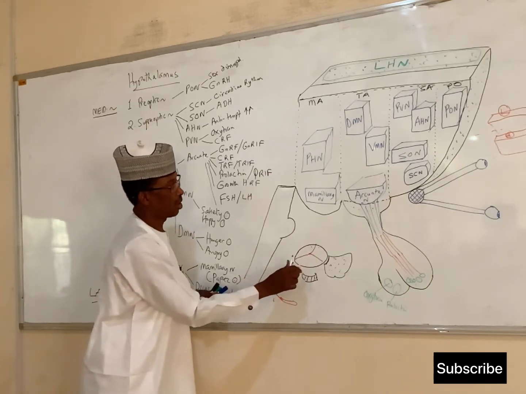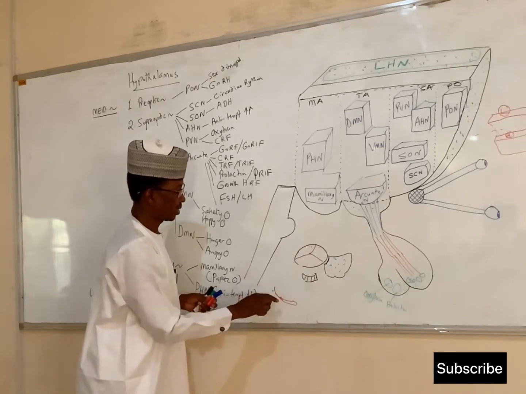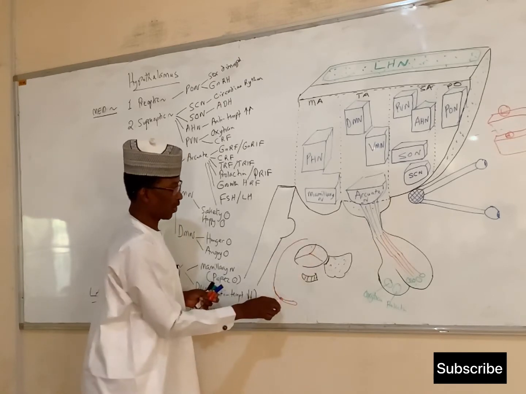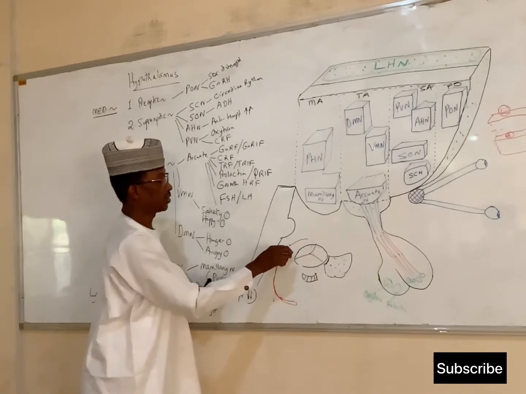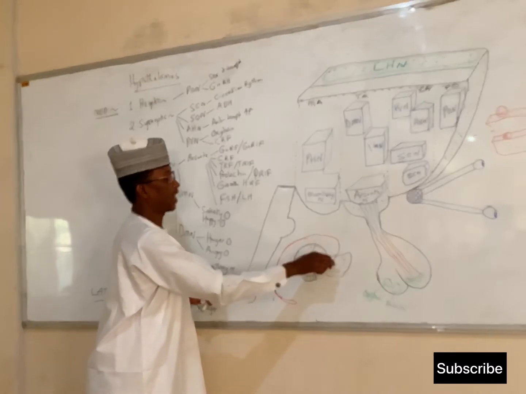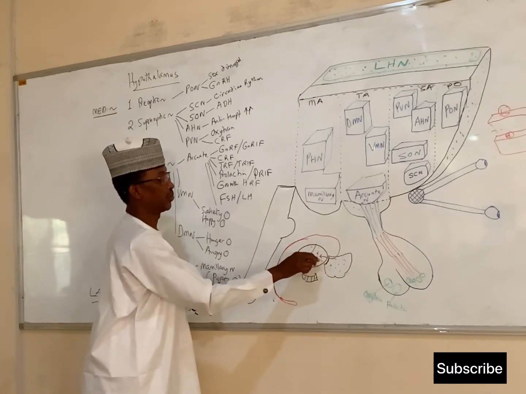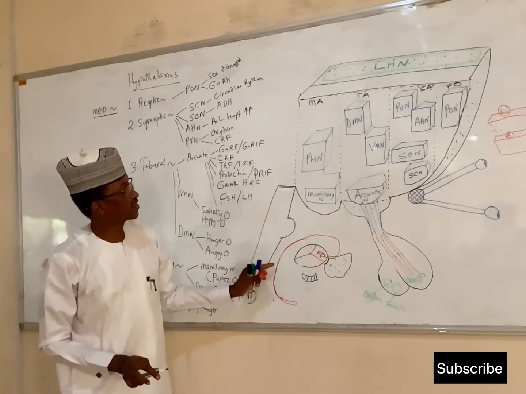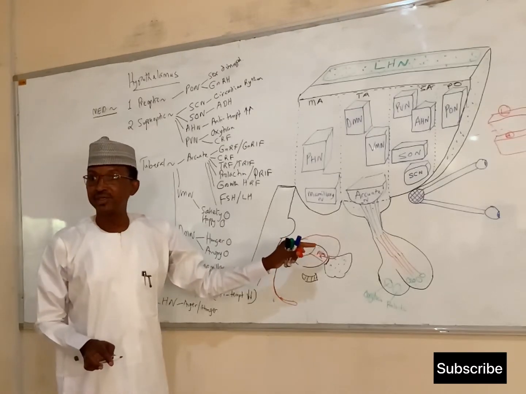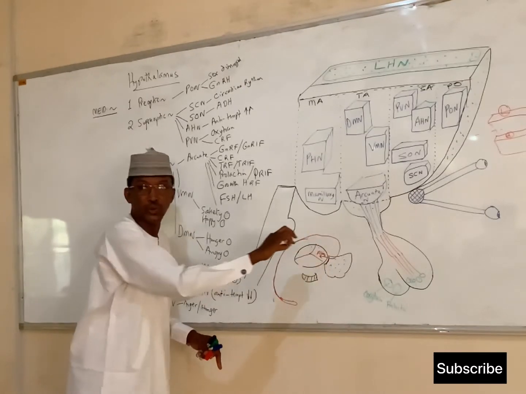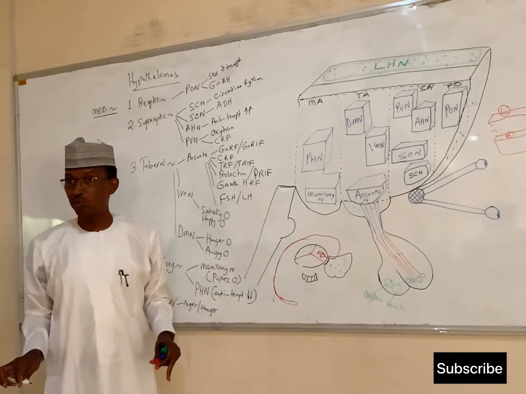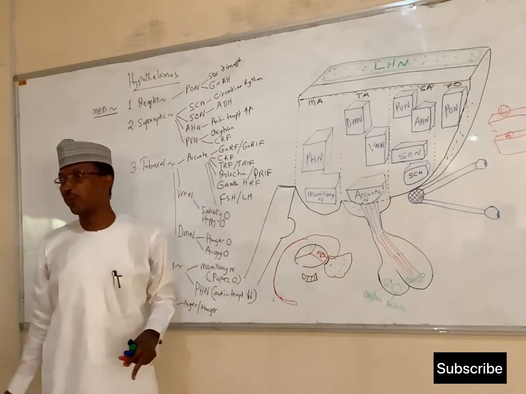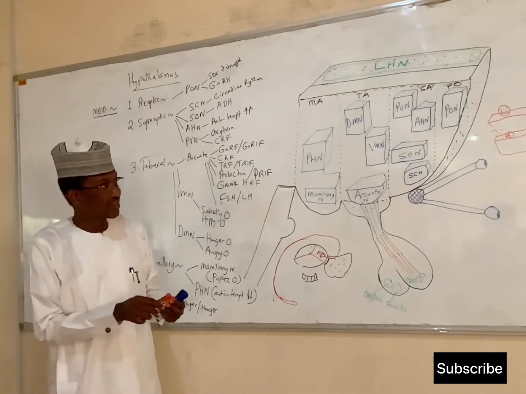Are you clear? It passes backward initially, then upward, then forward, and then passes into the anterior nucleus of the thalamus. Are you clear? So as it is coming over the thalamus to go into the anterior nucleus of the thalamus, it has to pass through the substance of the hypothalamus.